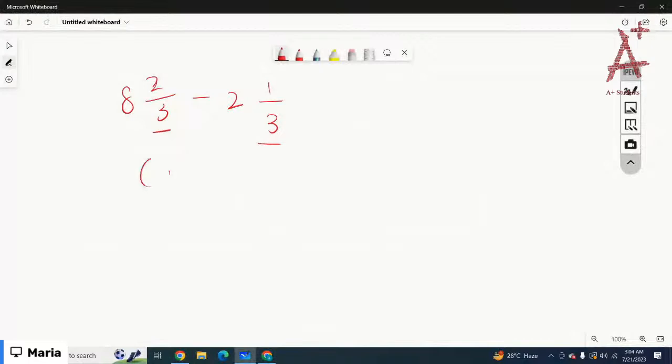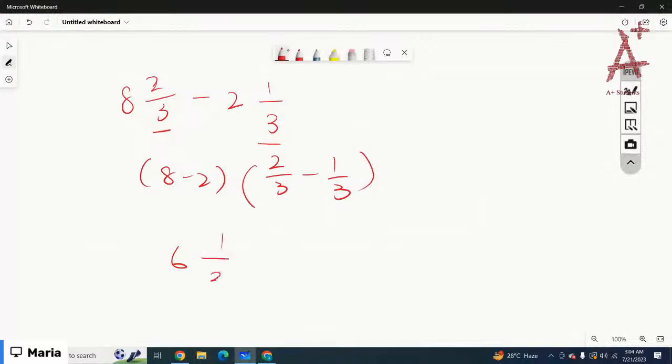How to subtract? Simply subtract the whole part, 8 minus 3, and subtract the fractional part, 2 over 3 minus 1 over 3. 8 minus 3 is 5, and they have the same denominators. Simply subtract their numerators. So 2 minus 1 is 1.